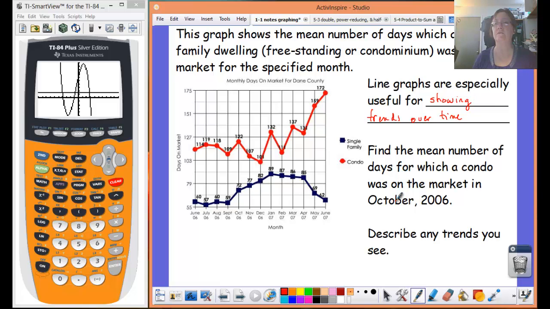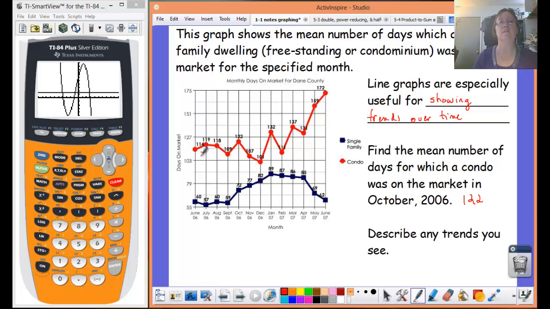The mean number of days for which a condo, so that's in red, was on the market in October of '06. So here's October. There's the condo thing, and how nice of them, they have it even marked there. 122 days on the market, so around 4 months. Any trends that you see?